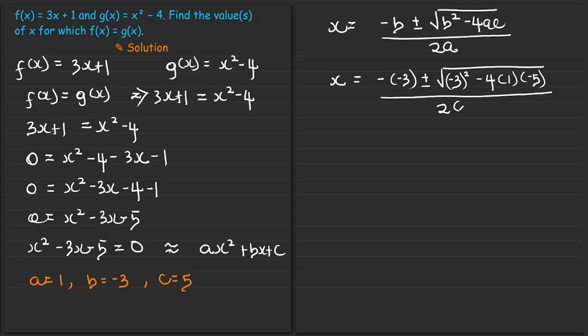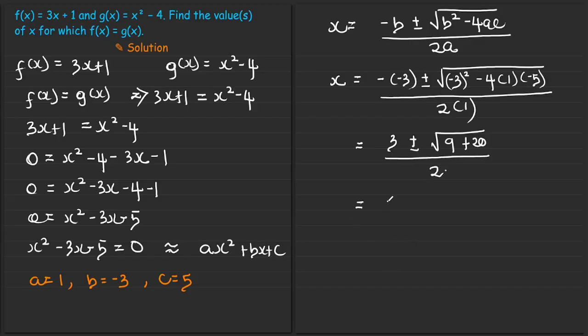So 2 times a, which is 1. Simplifying further, we have negative 3 times negative 3 gives us a 3. So 3 plus or minus the square root of this gives us a 9. Then we have negative 4 times 1 giving us a negative 4, then times a negative 5, which gives us a 20, all over a 2.